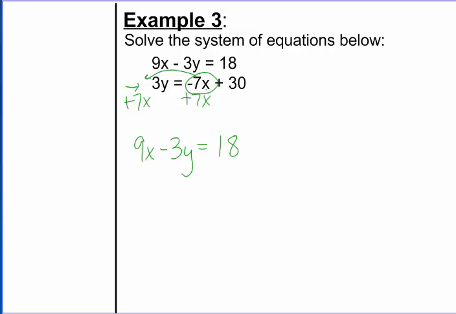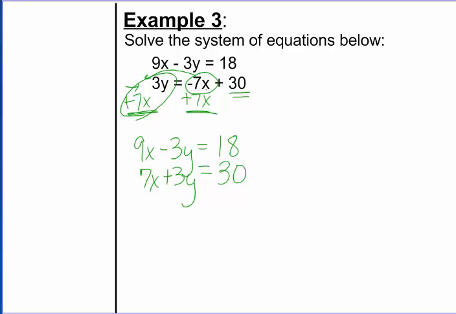Make sure you're doing the same operation on both sides, adding 7x. So if I put these together on this side, I have 7x plus 3y equals, and then we have 30 left over on the other side. Now everything is all lined up.